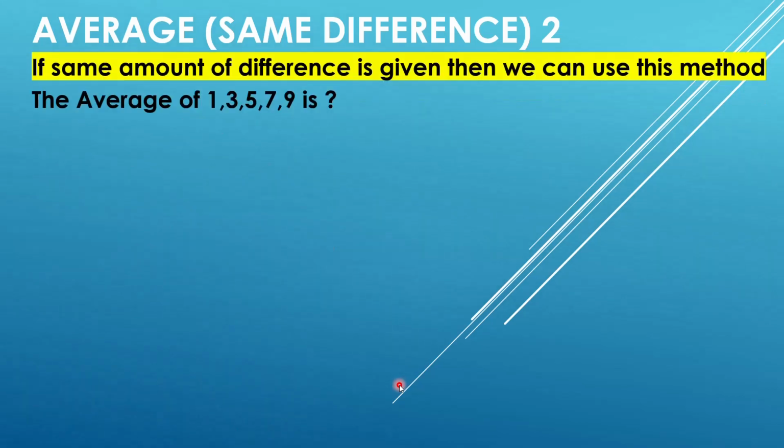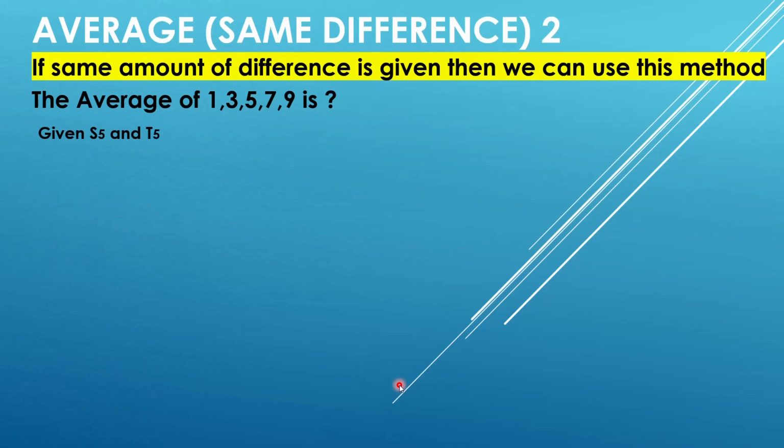First we'll find the average of this one: 1, 3, 5, 7, 9. Here we have a difference of 2: first 1, then 3, then again a difference of 2 gives 5, then 7, then again a difference of 2 is 9. For this situation, first we'll go with the normal example.